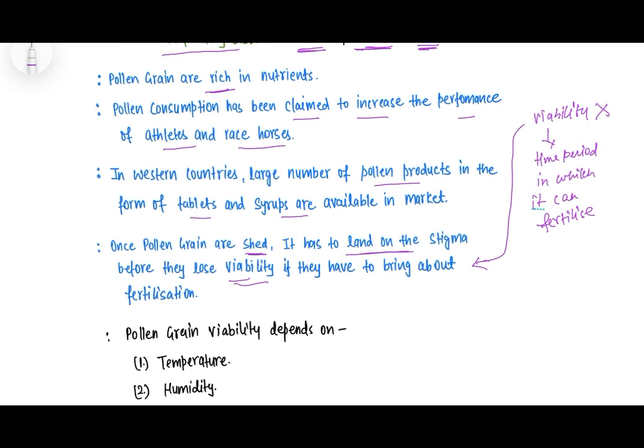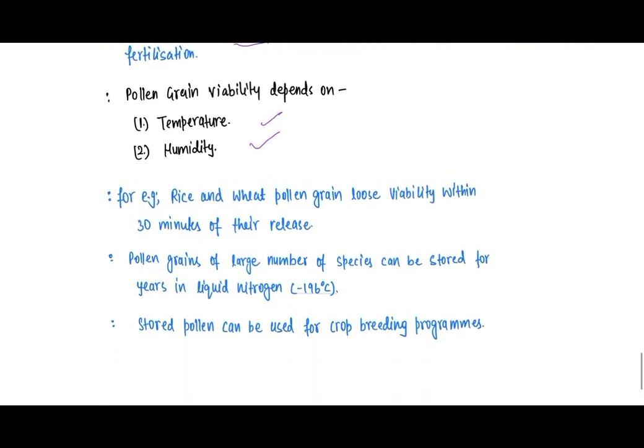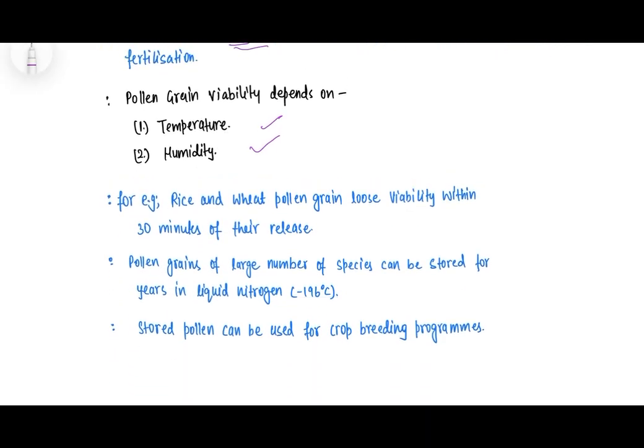Pollen viability depends on temperature and humidity. For example, rice and wheat pollen grain lose viability within 30 minutes of their release. After that, it cannot fertilize.